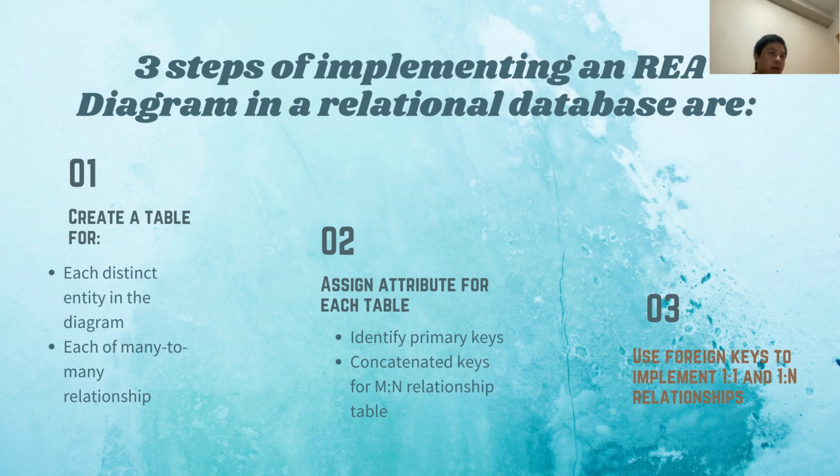Using REA diagrams to retrieve information from a database. Learn how to use our completed diagrams and tables to retrieve information for performance evaluation, basically in accounting. In a traditional accounting information system, the elements are journals, ledgers, financial statements, and management reports.